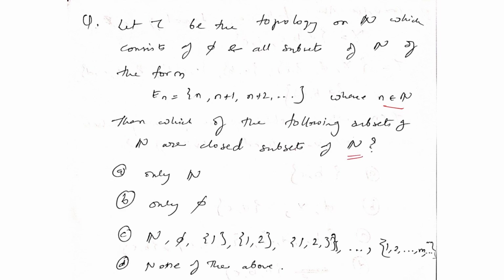So you have to find which of the following subsets will form the closed subsets of N. Is it only the natural number set or the empty set, or this whole, or none of the above? So find out which of the following are the closed subsets of N with respect to this topology. Everyone please try and let me know the answers you got.